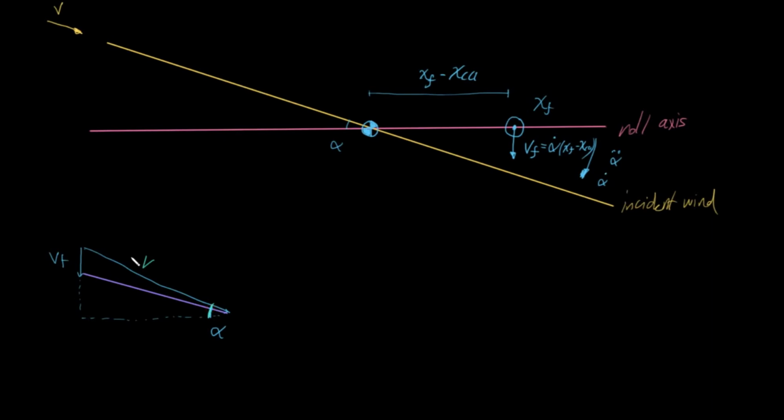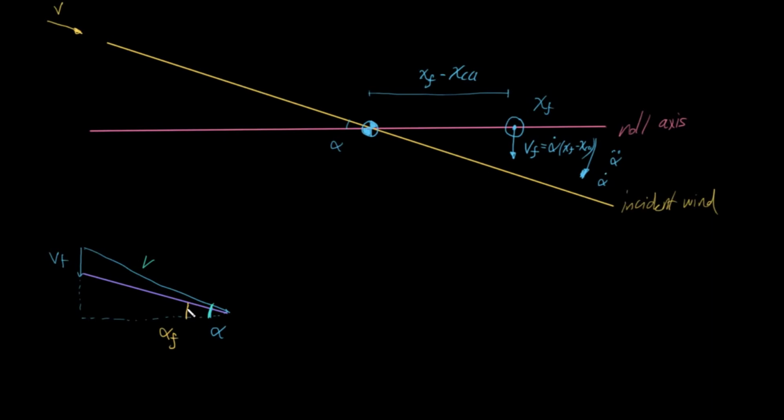But the angle of attack that the fin sees is not alpha. It's not the geometrical angle of attack, but it is the following. It's this angle here, which we'll call alpha fin.